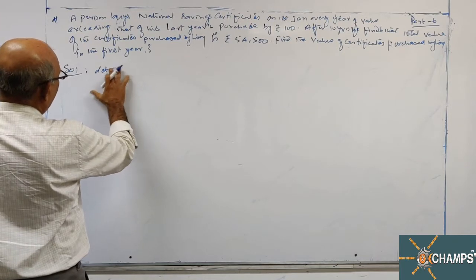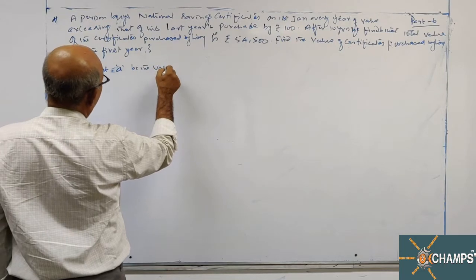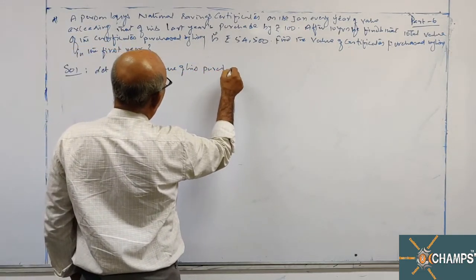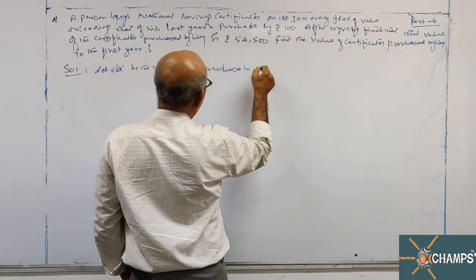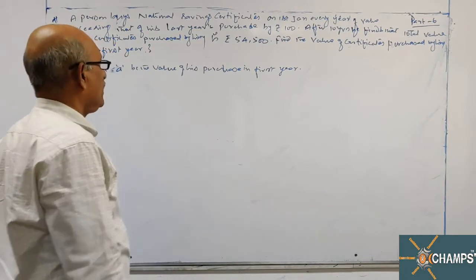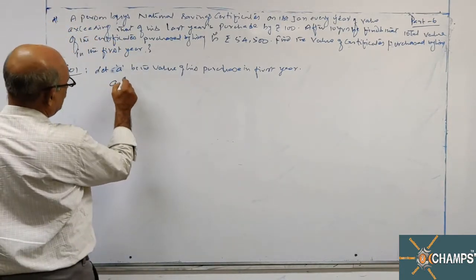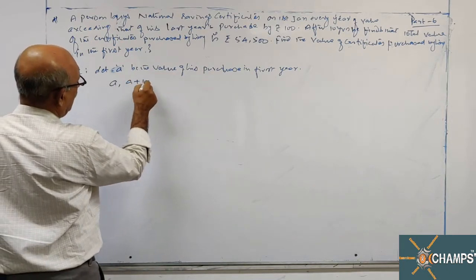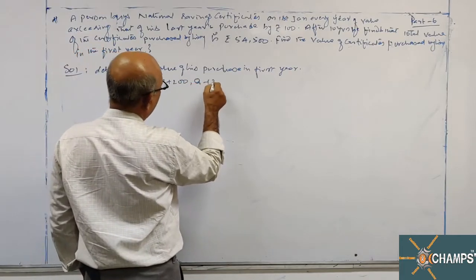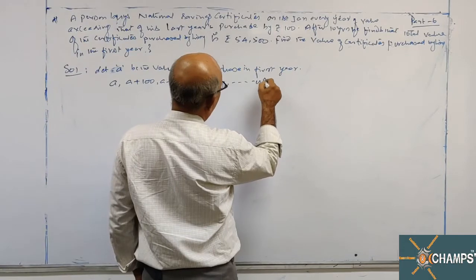Let A be the value of his purchase in first year. He purchased a certificate of value rupees A in the first year. So his purchases are A plus 100, A plus 200, A plus 300, etc. It is going on up to 10 terms.